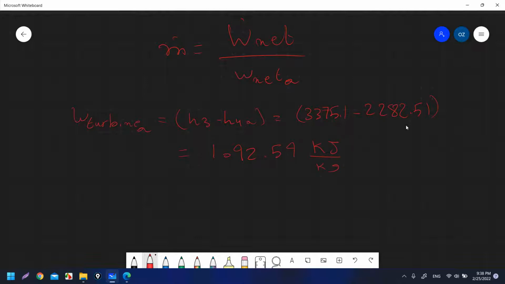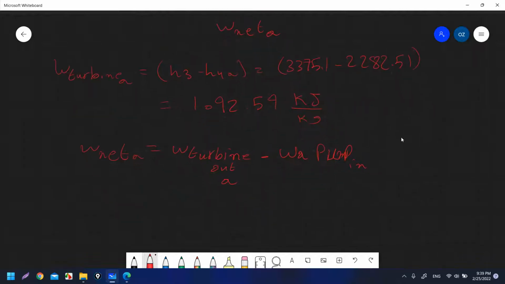For the work of the pump, you calculate work pump in at the beginning. So W net A, the actual work net in kilojoule per kilogram, is equal to work turbine out, the actual one, minus work pump, the actual one.